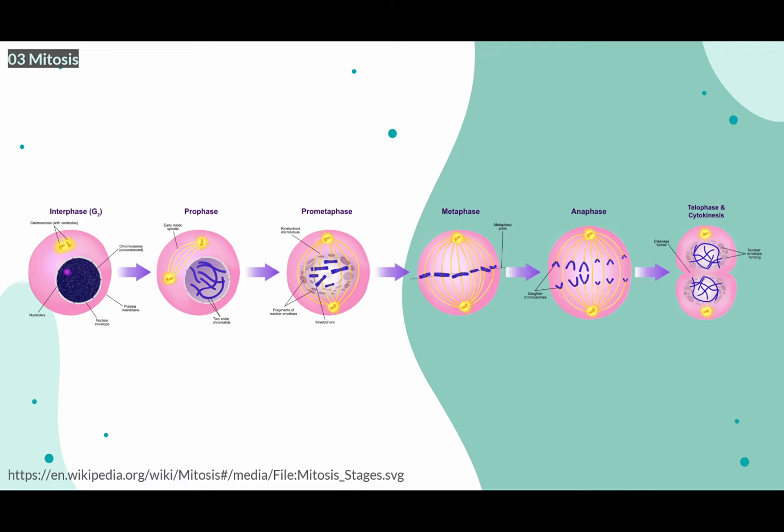And in animal cells, it takes place after the anaphase, where the microtubule filaments form a concentric ring around the center, which furrows the cleavage between the cells.